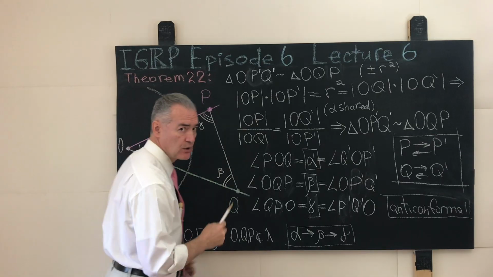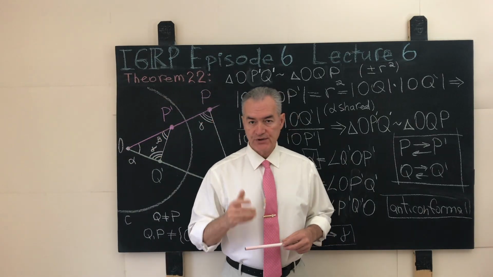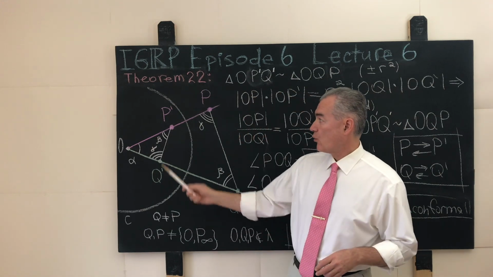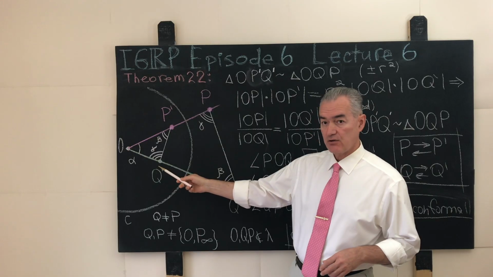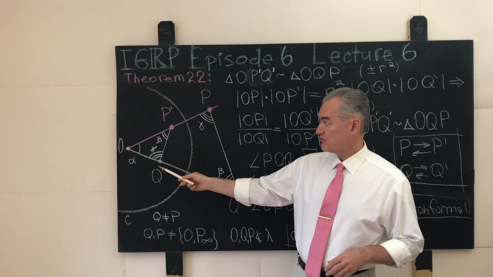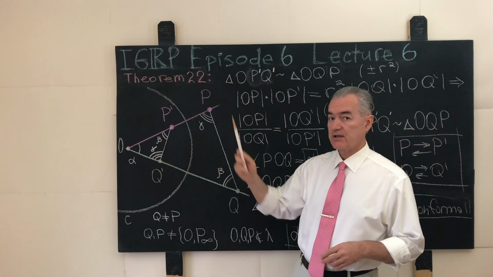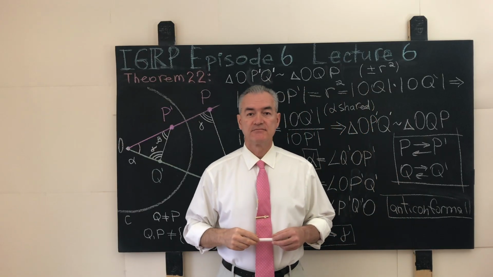And now we will alternate the positions of one pre-image point. We will throw one pre-image point inside of the circle of inversion and the other one outside of the circle of inversion.